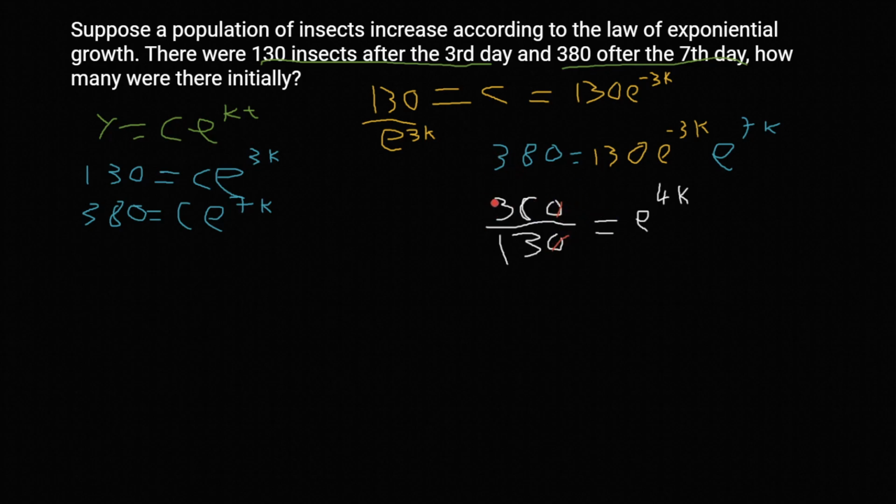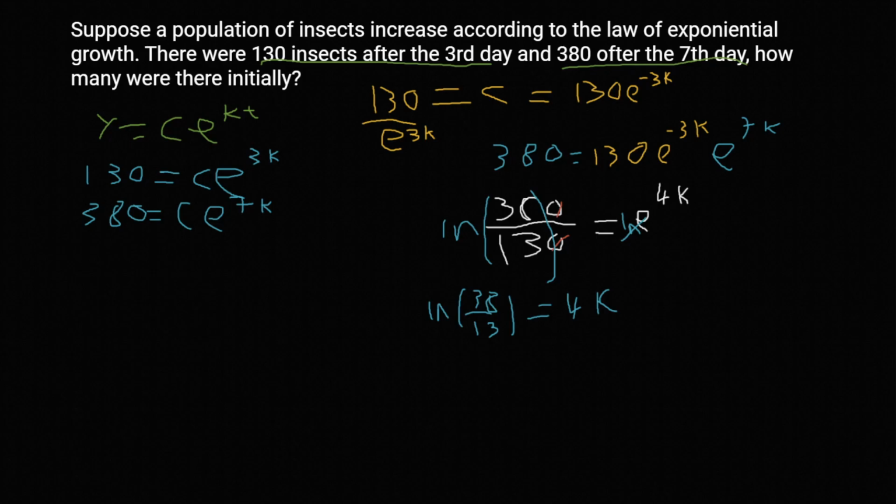We can divide both numbers by 10. We have 38 over 13. We can also take the natural log of both sides. So natural log of 38 over 13, and natural log of this. So this remains as ln of 38 over 13. And on the right-hand side, e and ln cancel, and so we just have 4k.